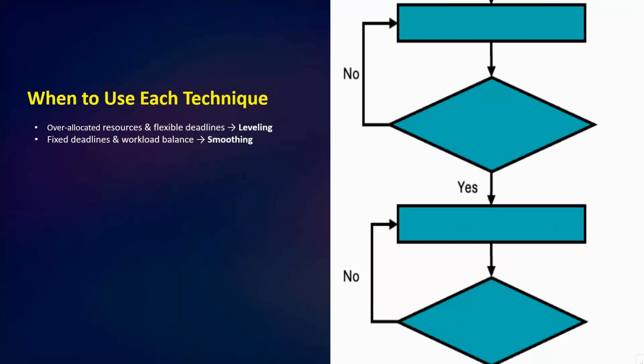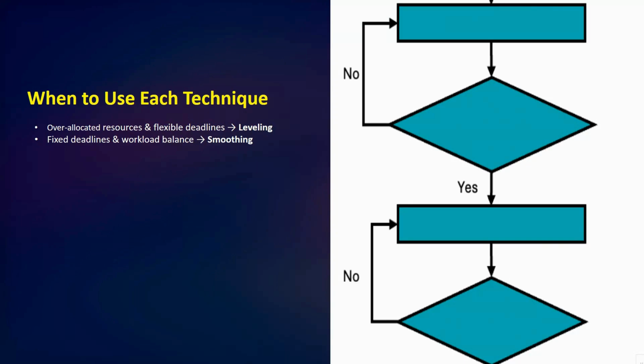We have already discussed this, but let's discuss it again. Here you can see over allocated resources and flexible deadlines: leveling; fixed deadlines and workload balance: smoothing. If resources are over allocated and you have flexibility in deadlines, then you should use resource leveling.